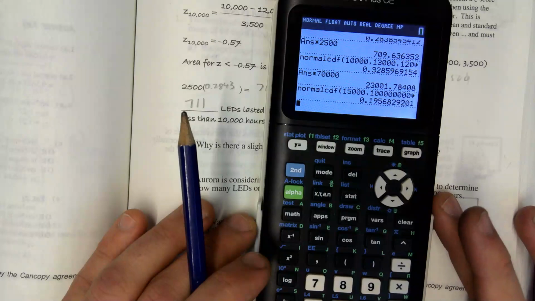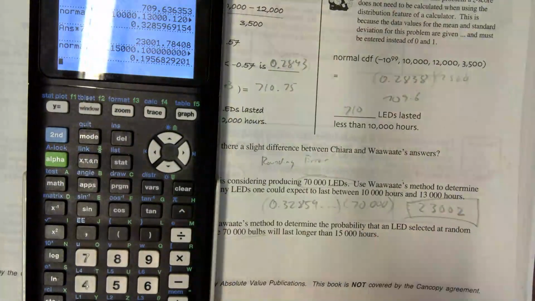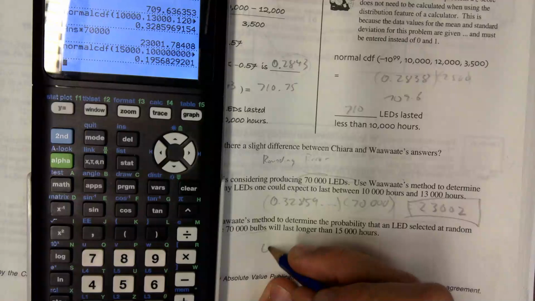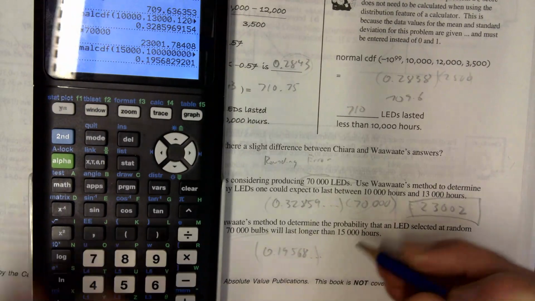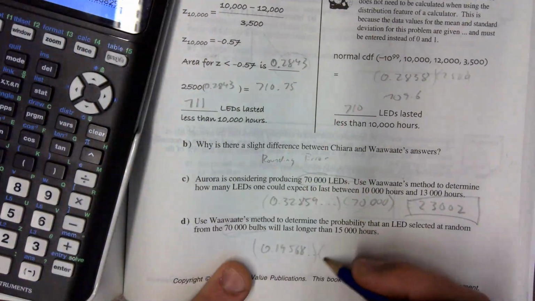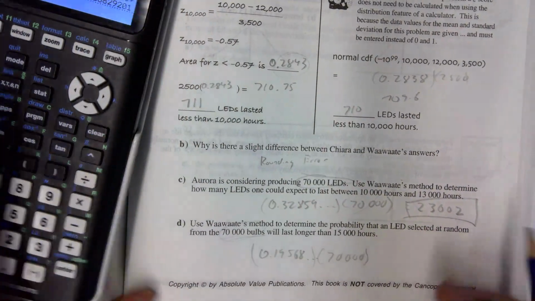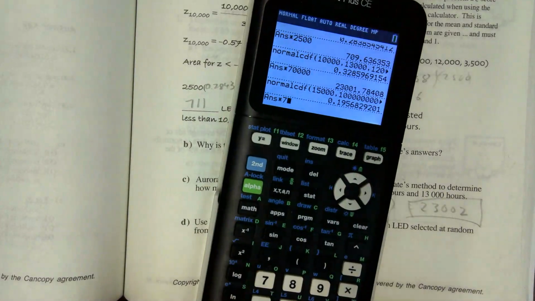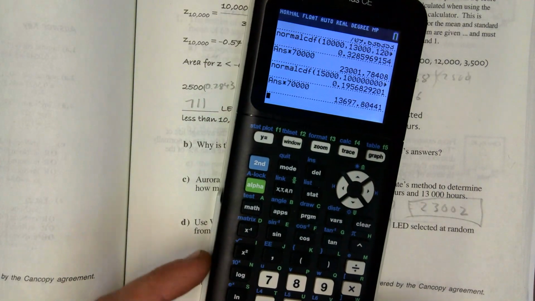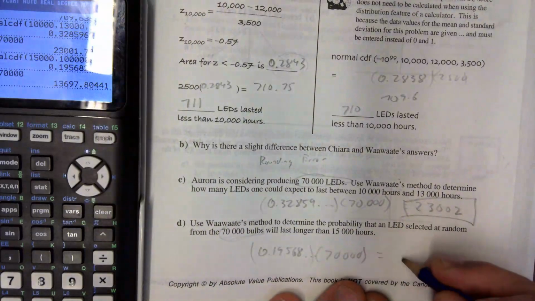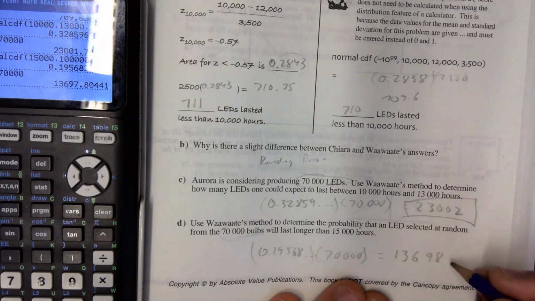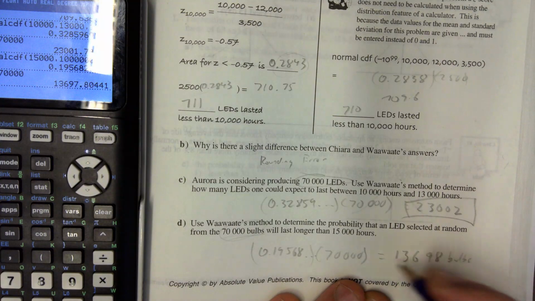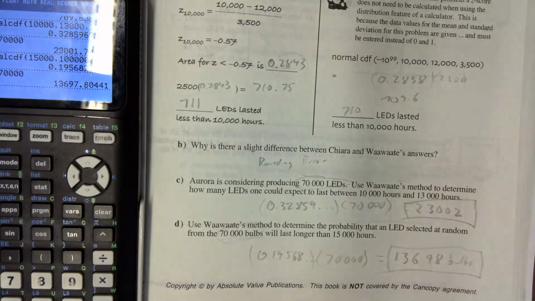So the likelihood that it's up there is 0.19568, blah, blah, blah. Remember, we're multiplying by how many bulbs in the sample. And we suspect that 13,698 of those bulbs will last longer than 15,000 hours.